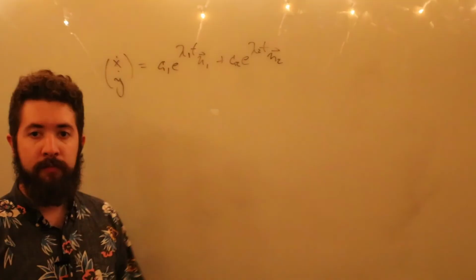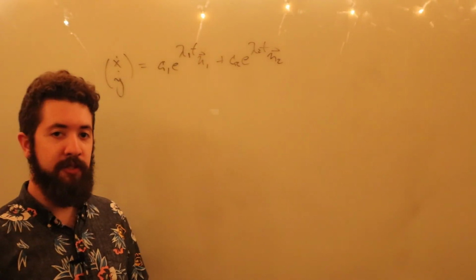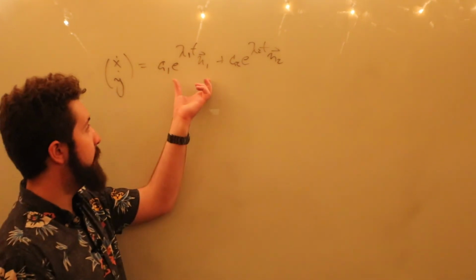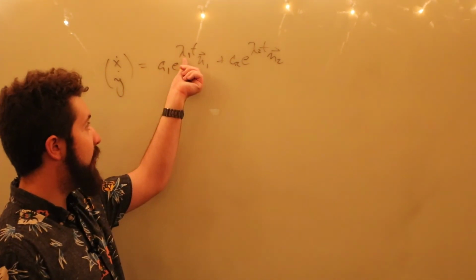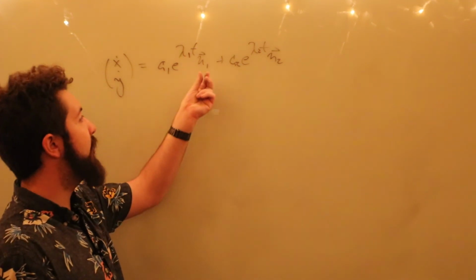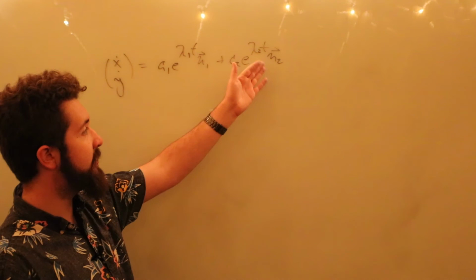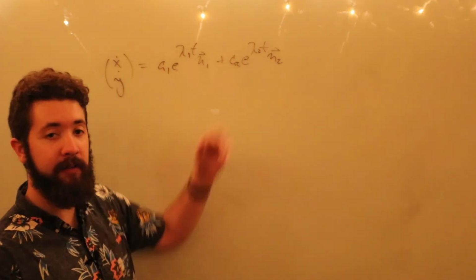All right, so the solution of this is going to be an arbitrary constant times our exponential of t times our first eigenvalue, scaling our first eigenvector, and likewise for the second eigenvalue and second eigenvector.